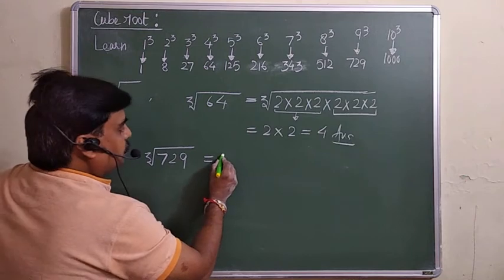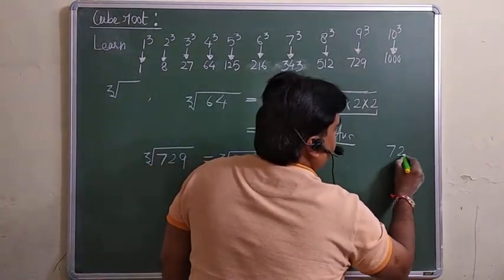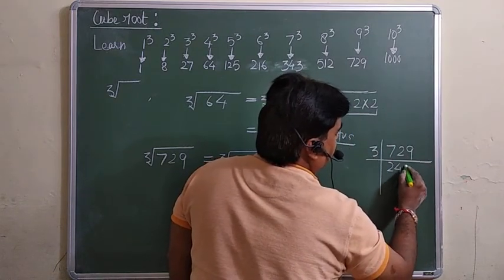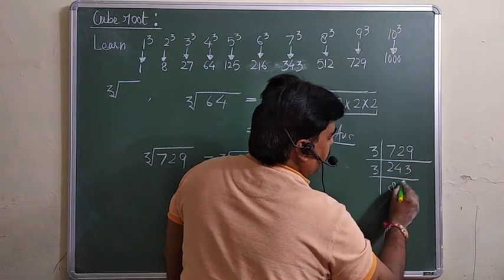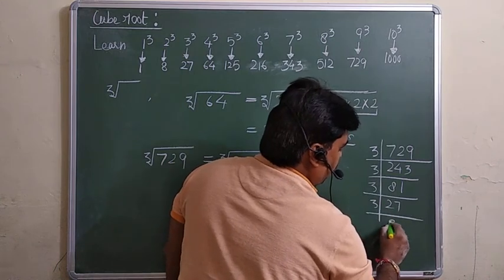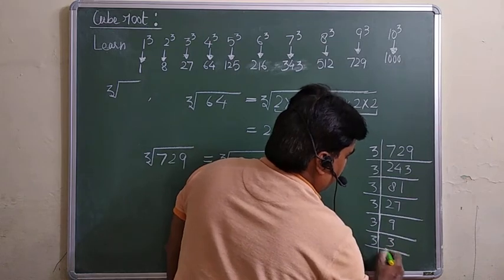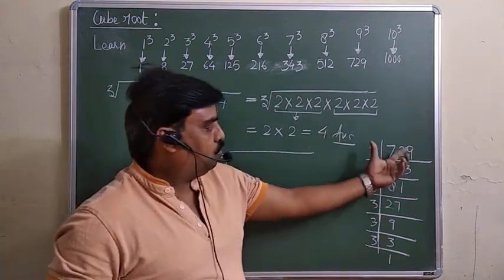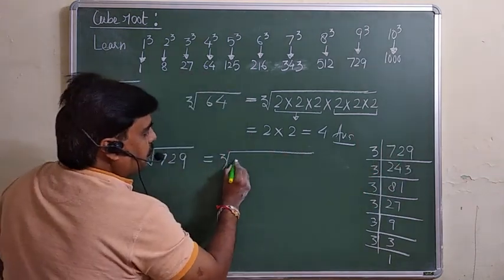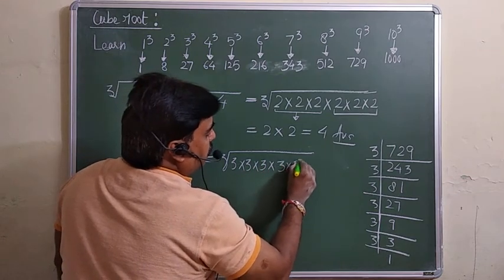As usual, you can divide 729 by 3, then again by 3, and continue until 1 comes. So the prime factors of the given number are 3 into 3 into 3 into 3 into 3 into 3.